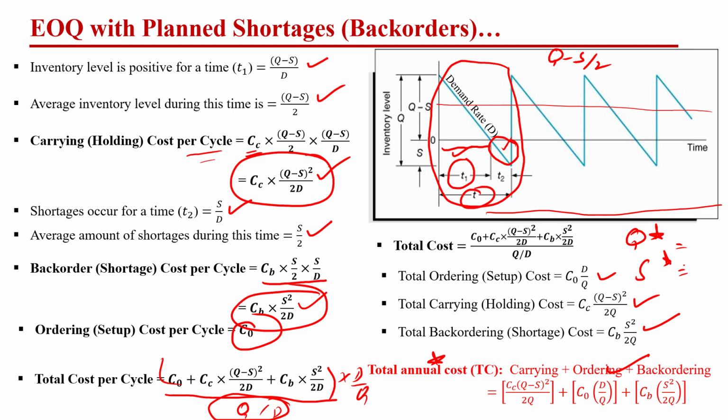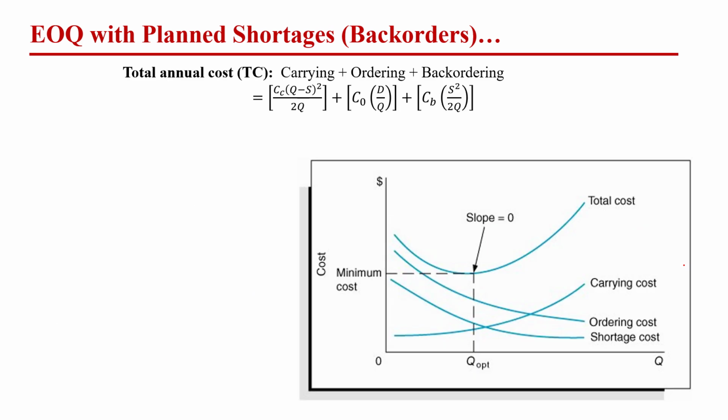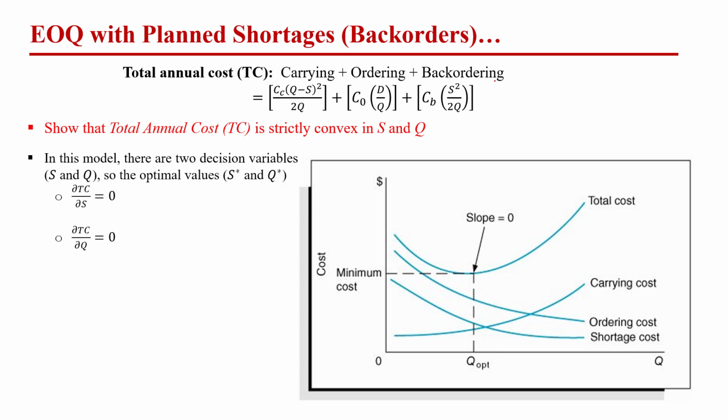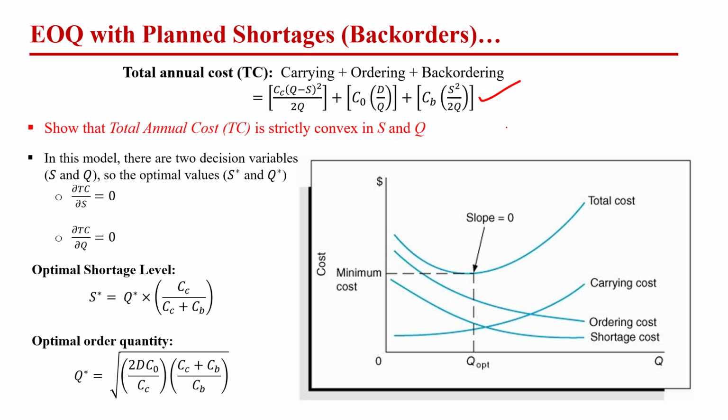In order to find that, we are using the same concept which we have used in the basic EOQ model: this cost is a convex function, and for a convex function, because our objective is to minimize the total cost, we are going to differentiate this entire function with respect to S and set it equal to 0, and we would be able to get the value of S star. This is the shortage quantity we can get.